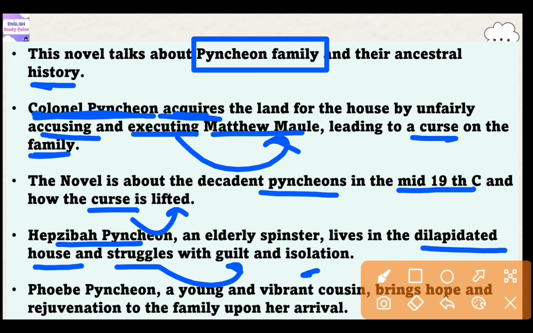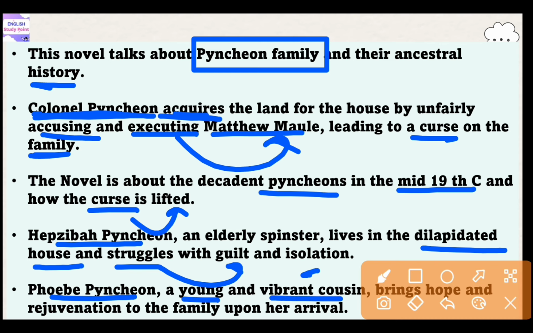She is burdened by the guilt and shame of her family's past and is forced to open a small shop in her home to make ends meet, but struggles with her social isolation and bitterness, which is represented in this novel. There is another character, Phoebe Pynchon, who is a young and vibrant cousin.